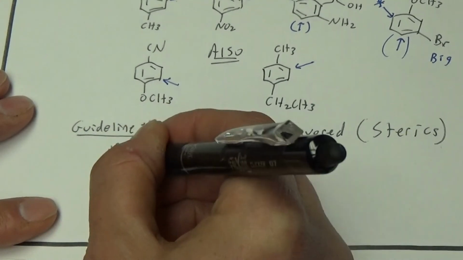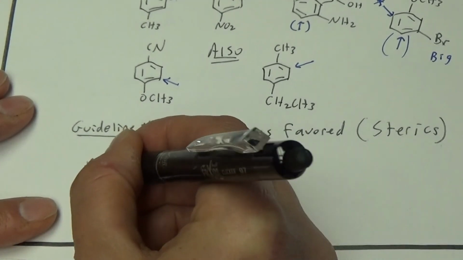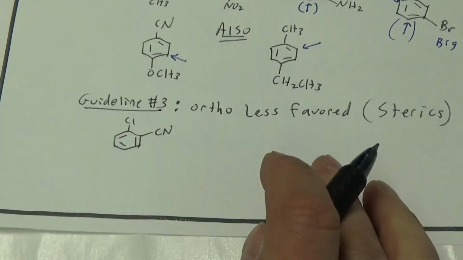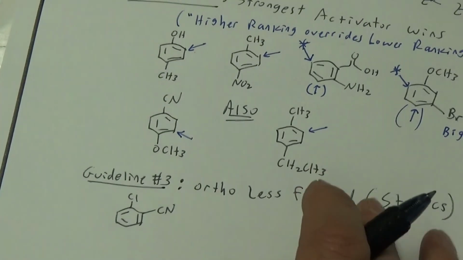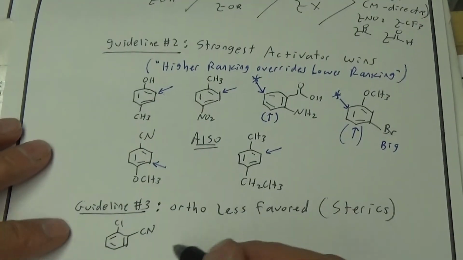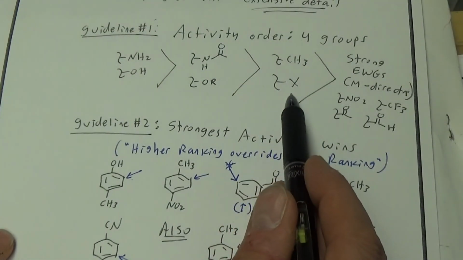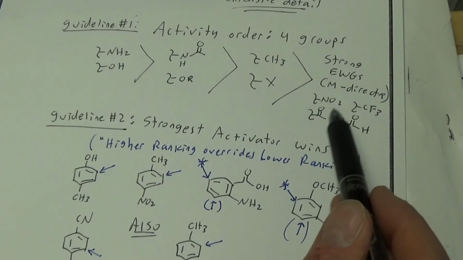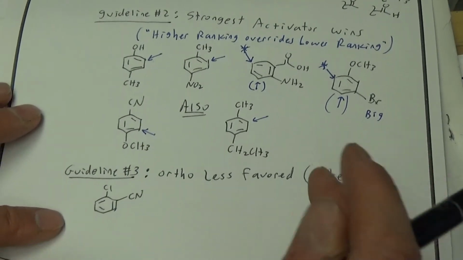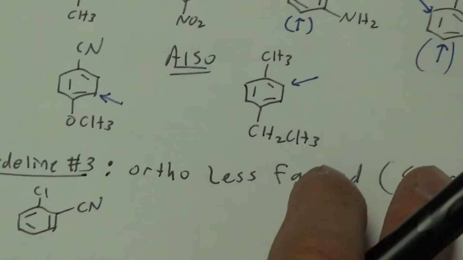So, chloro, CN. Alright, who is the greatest activator? First of all, chlorine is in the third group. Nitrile is in the 4th group, meta-directing. They're basically saying the same thing.